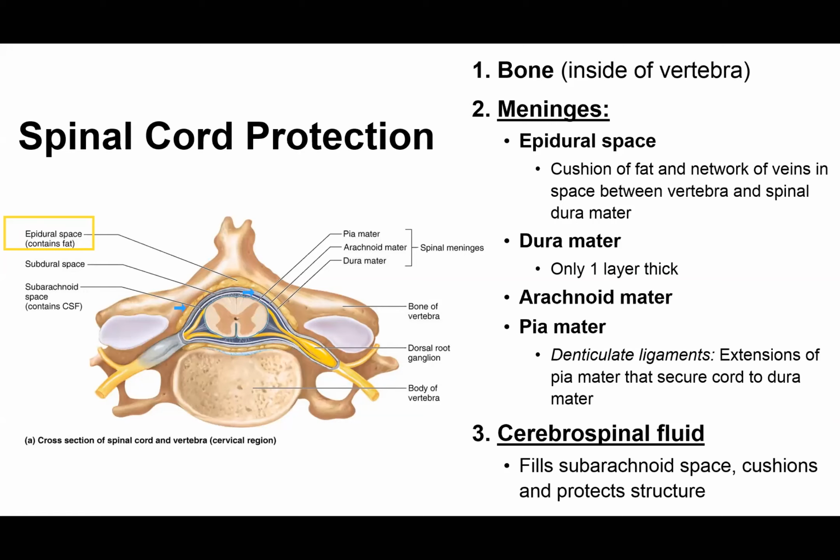It's important to know that in the spinal cord, the dura is only one layer thick, but up in the brain, it had two different layers. The next structure would be the subdural space, which would be this purple outlined area that's just beneath the dura mater.